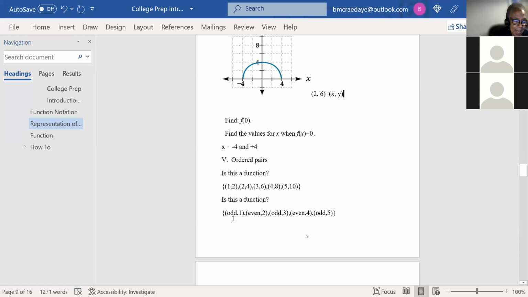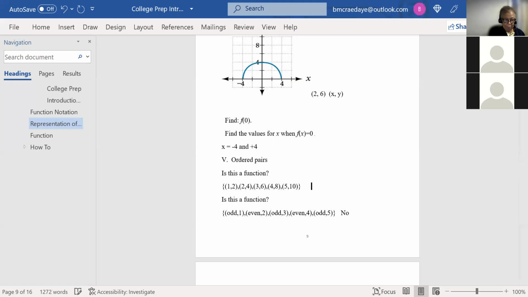Odd represents X and the numbers represent Y, right? But remember, we said for it to be a function, it can only match one Y value. But if odd represents X, odd is representing 1, 2, 3 different Y values. So it's not a function. So this would be no. And you said this one would be yes.